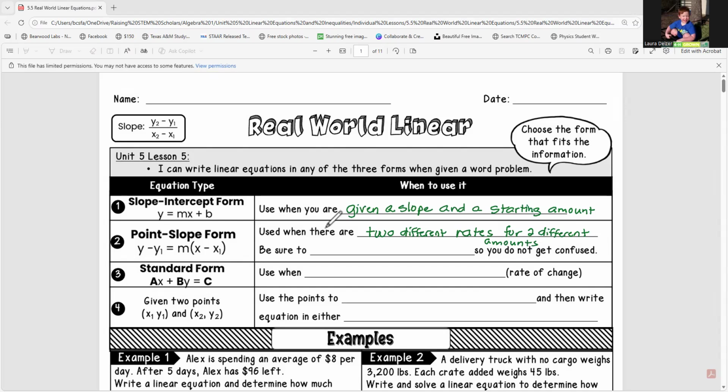And I would strongly suggest that you define your variables so you do not get confused. It's super easy to get confused on those.